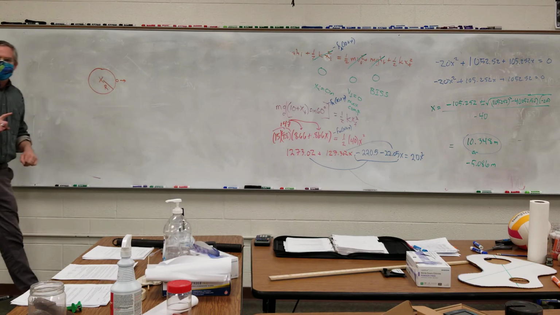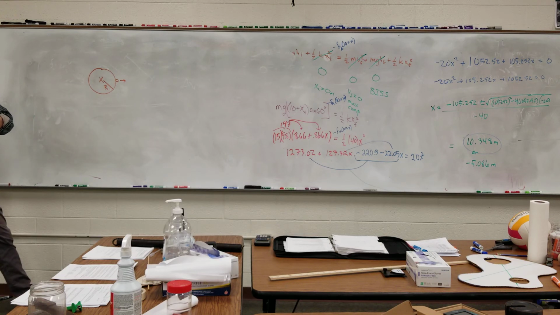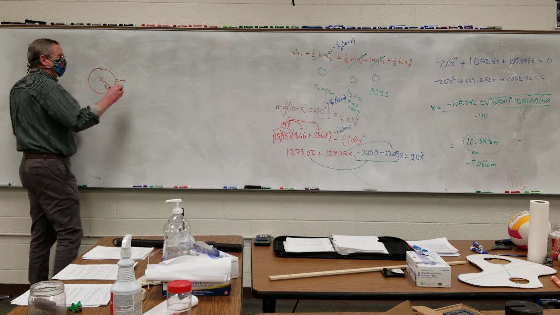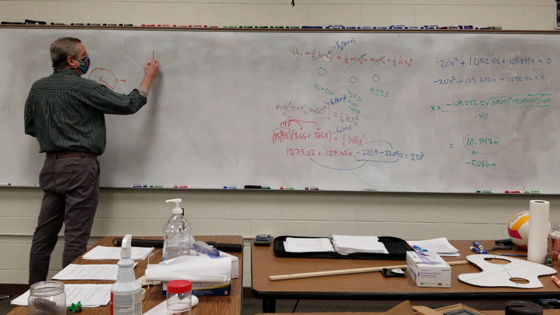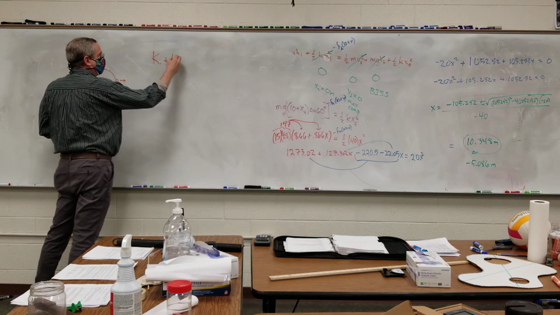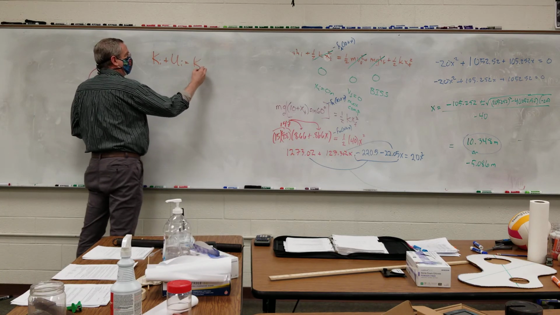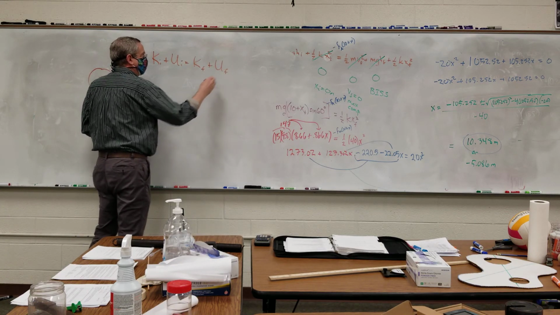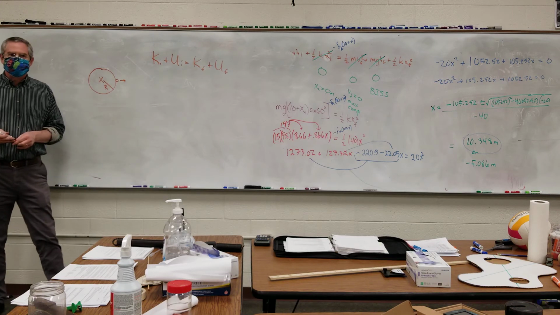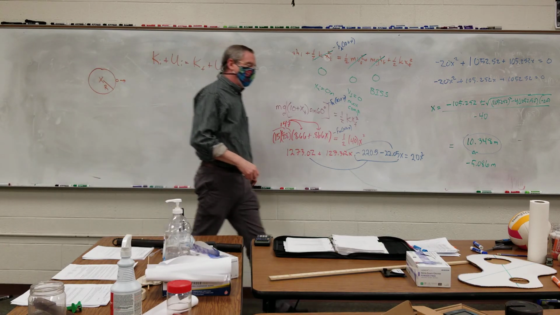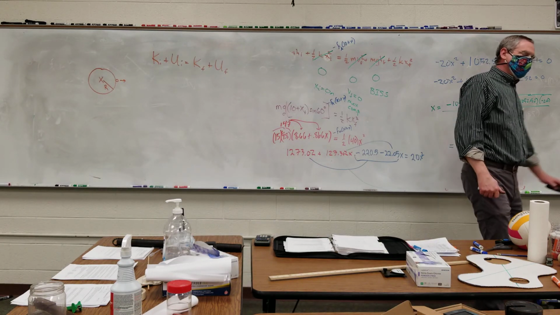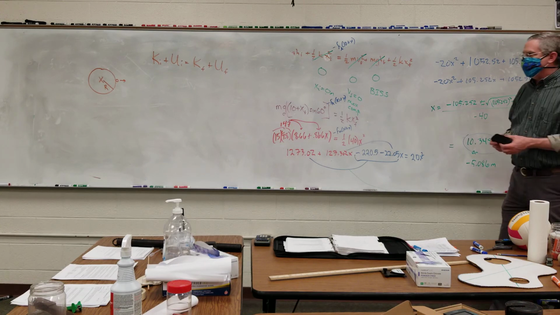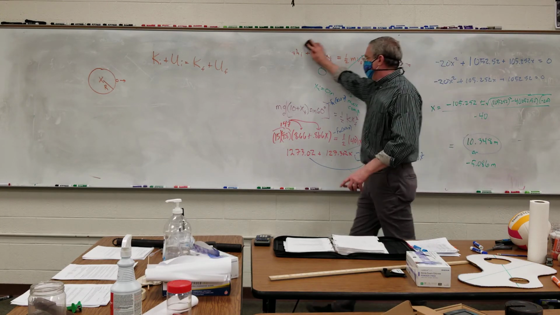Once I have launched it, the only force acting on it is the gravitational force. So therefore, energy is conserved, and I have K initial plus U initial equals K final plus U final. This is why I don't want to worry about how I get it launched, because that will presumably introduce a non-conservative force, and I don't want to have to deal with this.